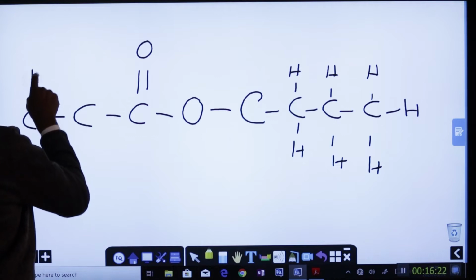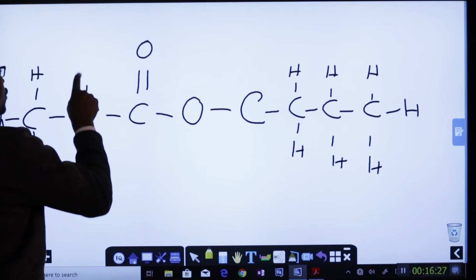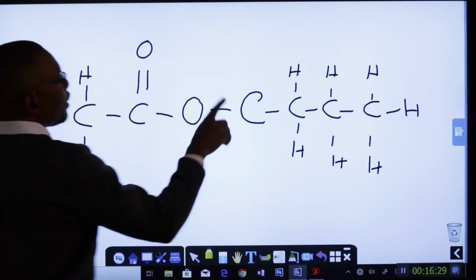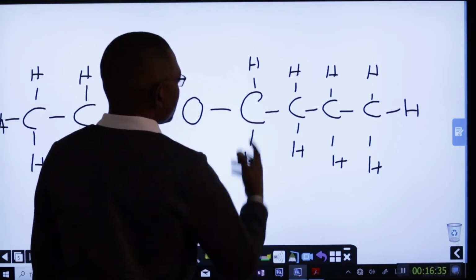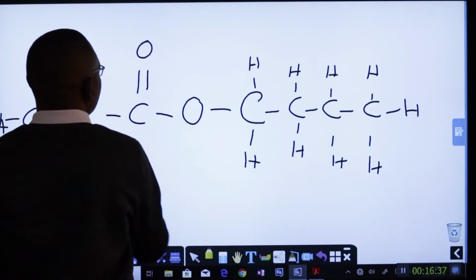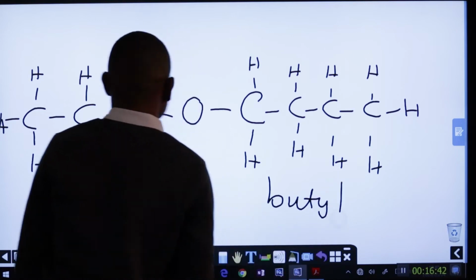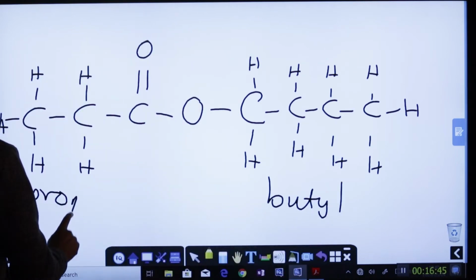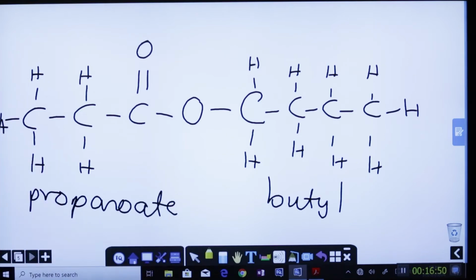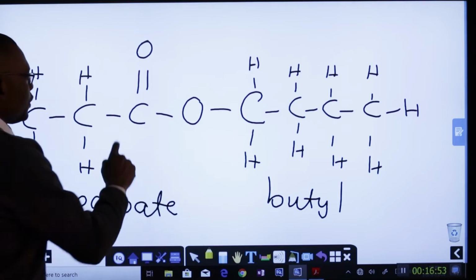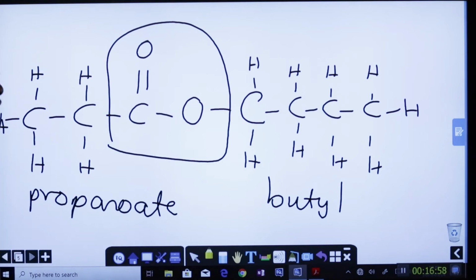So it's going to be H over there, H there, and H and H and H. Okay, and here and H and then H like that. So this becomes butyl propanoate. Okay, so this is the butyl part, and this is the propanoate part. Okay, so there you have it, and the functional group of interest is this part, which shows that this is an ester. Okay.